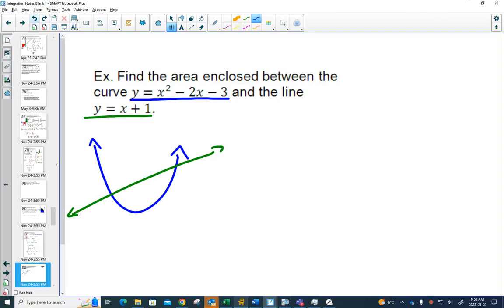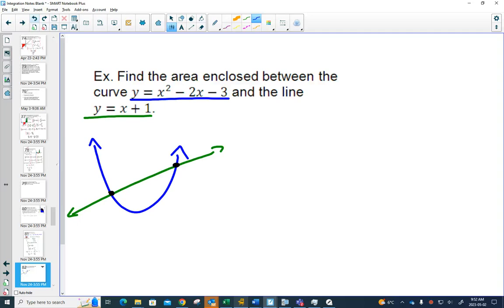It is asking me for the area between the two curves, so I'm making a bit of an assumption, thinking that it's going to look like this. It could be that the line was below and there would be no area enclosed. It could be that the line was a tangent line, in which case there would be no area enclosed. But it would be kind of dumb of me to ask you to find the area enclosed and then give you equations that didn't work.